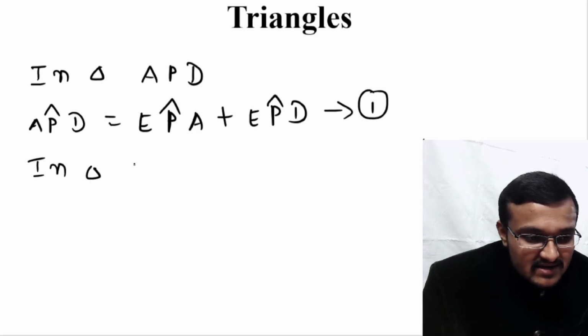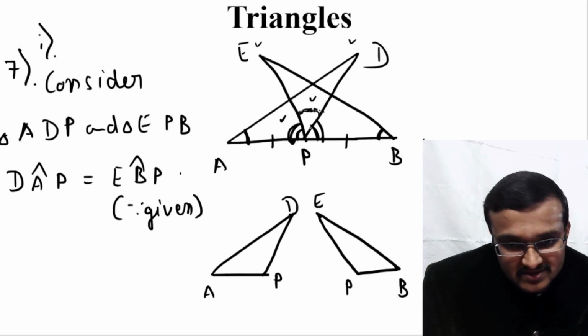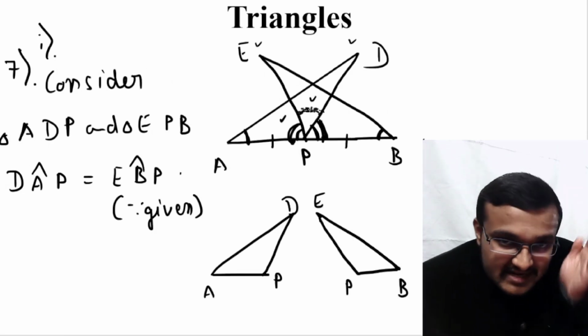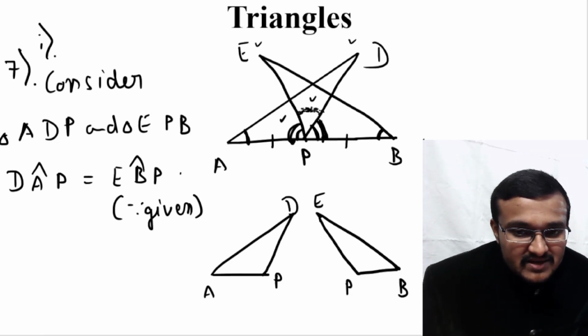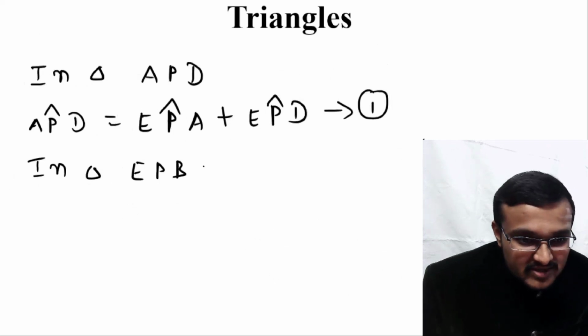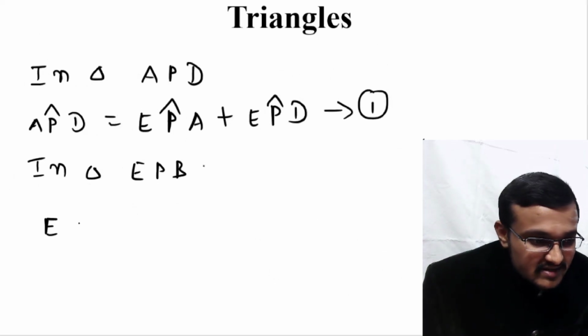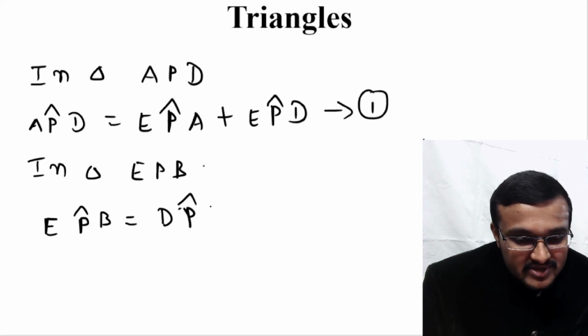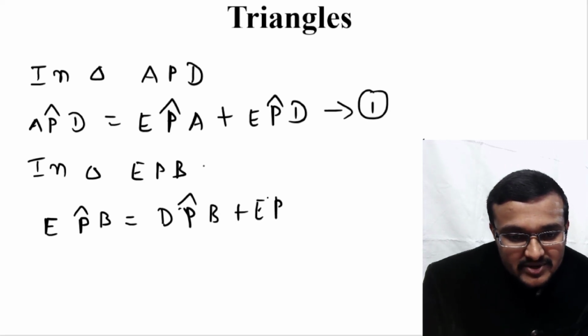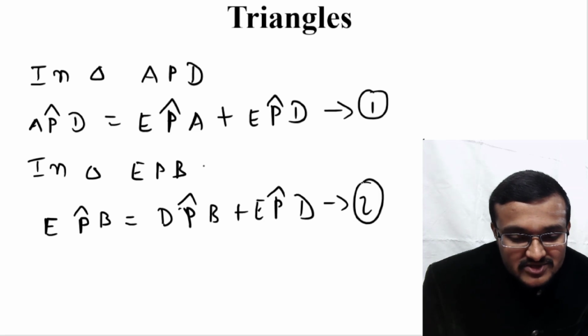Similarly, in triangle EPB, if you add this particular angle and this particular angle, then you will get the total angle EPB. So EPB angle is equal to DPB plus EPD. This you can call as equation 2.